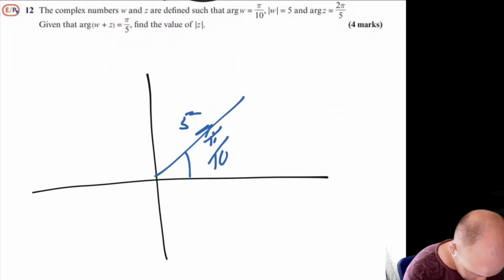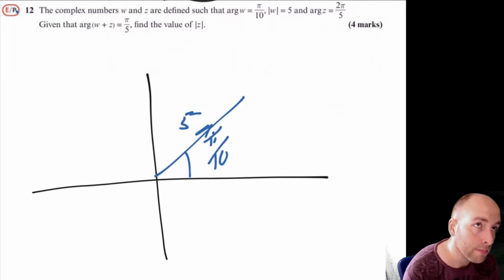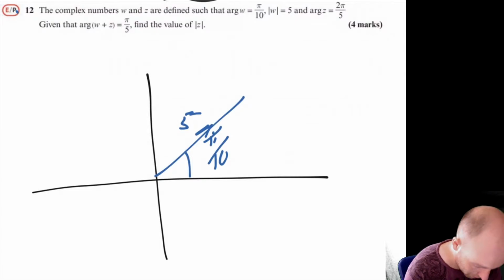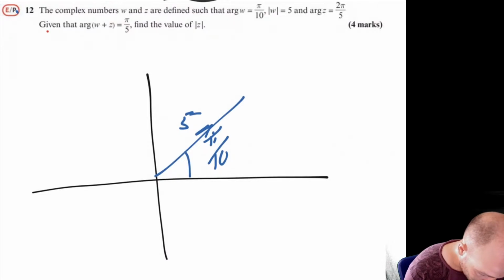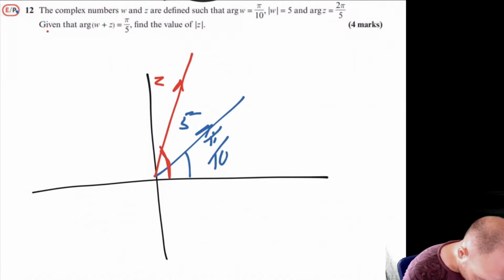Z has an argument of 2 pi by 5, which is still less than half, so that's still going to be in this quadrant. So I could put Z up here, and Z has an argument of 2 pi by 5.